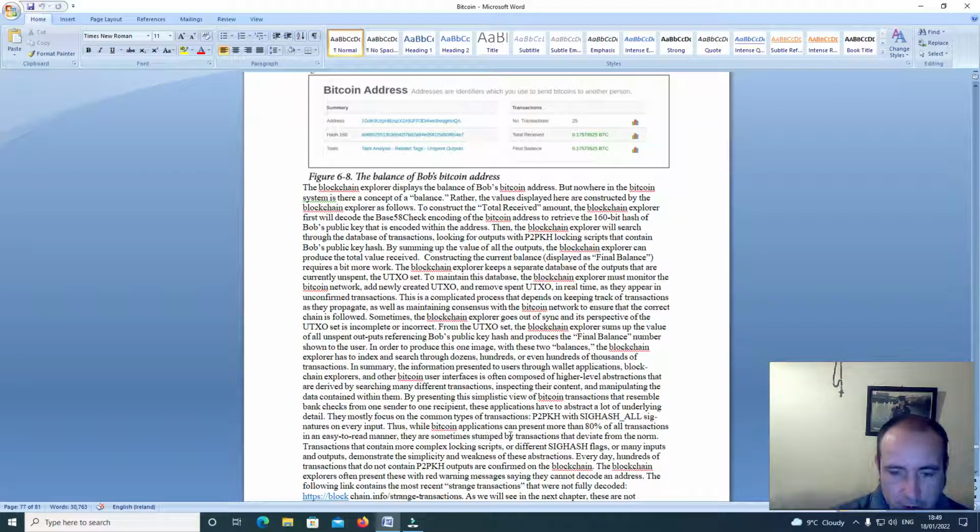Thus, while Bitcoin applications can present more than 80% of all transactions in an easy to read manner, they are sometimes stumped by transactions that deviate from the norm. Transactions that contain more complex locking scripts, different SIGHASH flags, or many inputs and outputs demonstrate the simplicity and weakness of these abstractions.